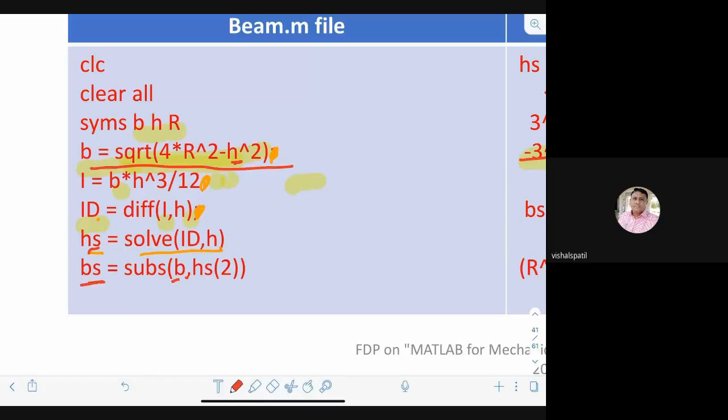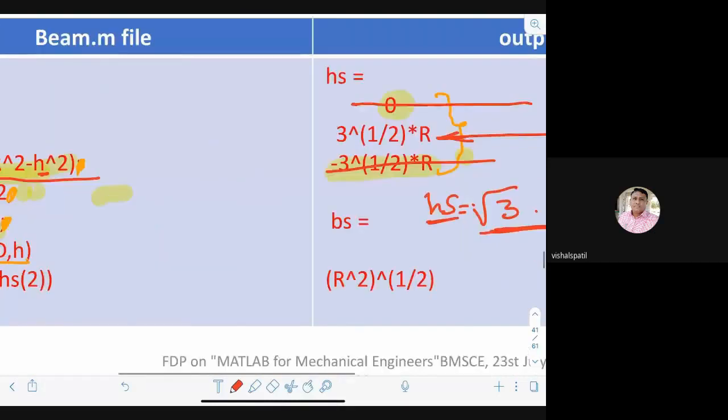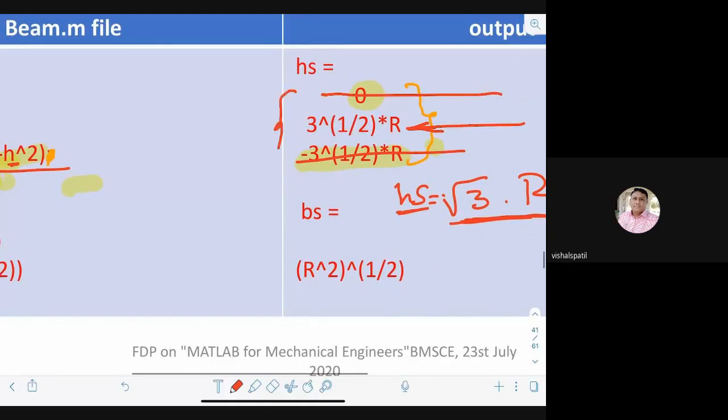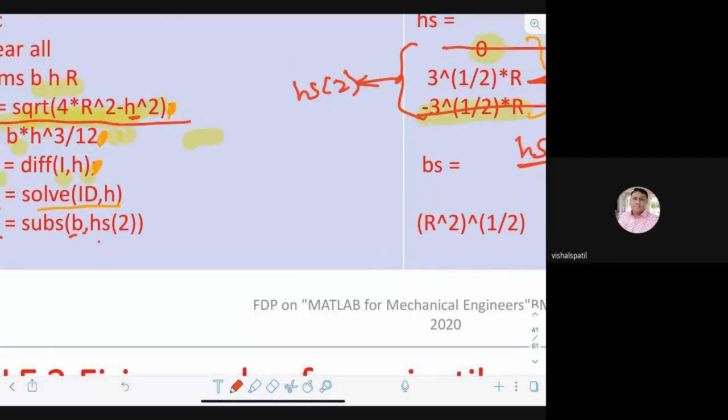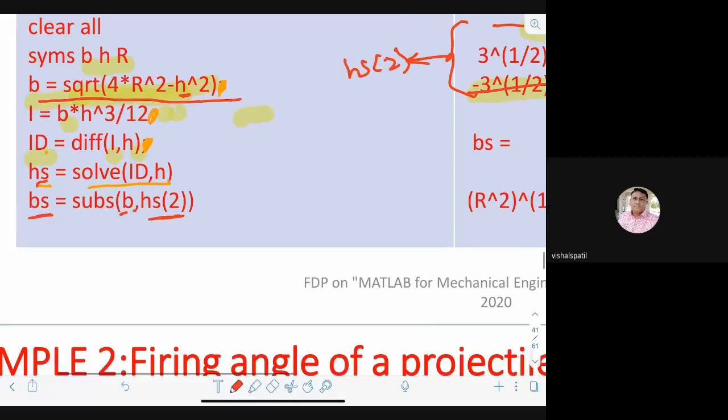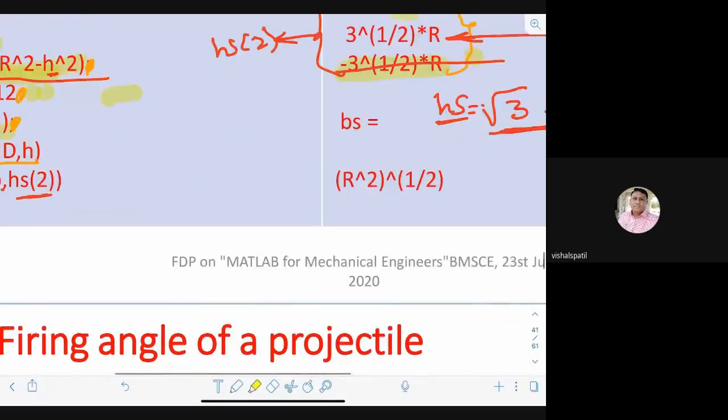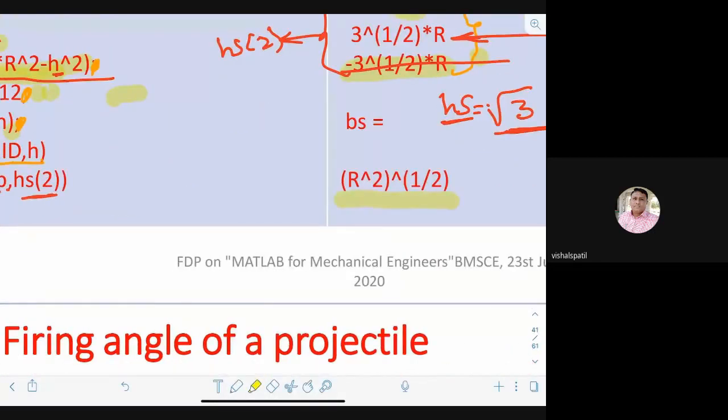But the only thing that you need to observe here is there were three outputs. Out of these three outputs, the second output, HS of 2, is the acceptable solution. Therefore, you should substitute HS of 2 here and you get this expression. Remember, this expression is nothing but R itself. R squared to the power of half is R itself.